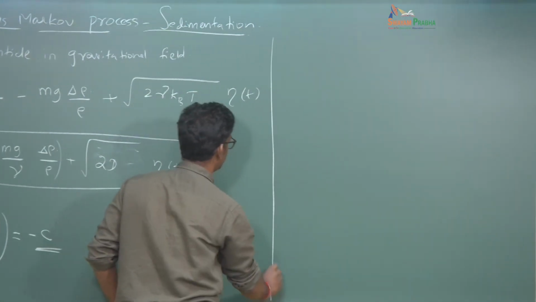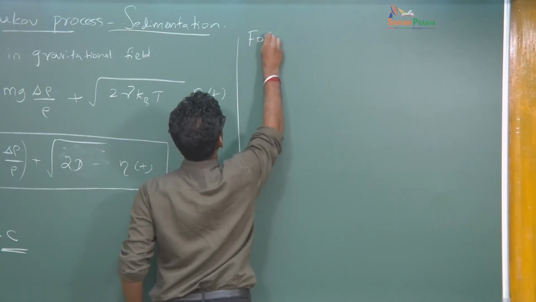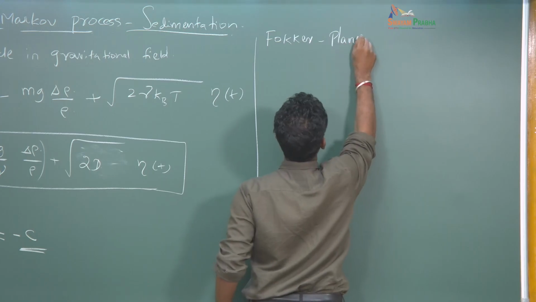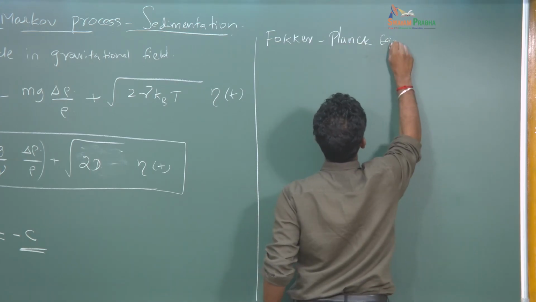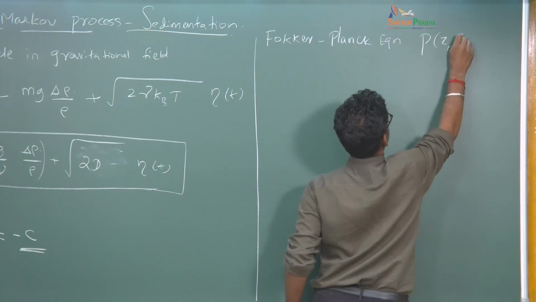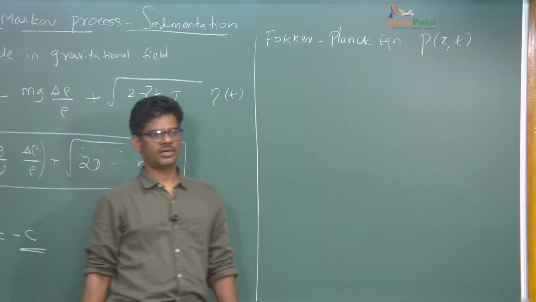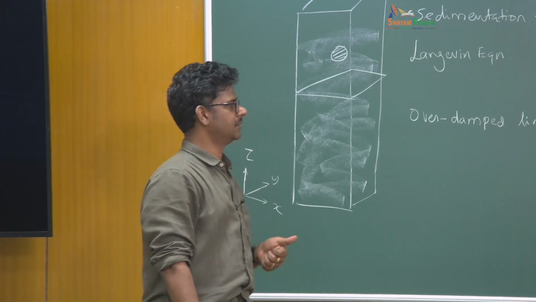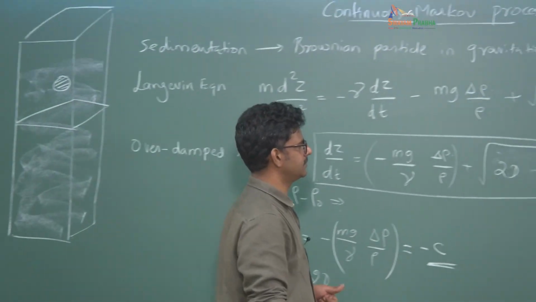So now we can go to the Fokker-Planck equation. Our aim is to find the probability distribution function for the position of the particle as a function of time t.